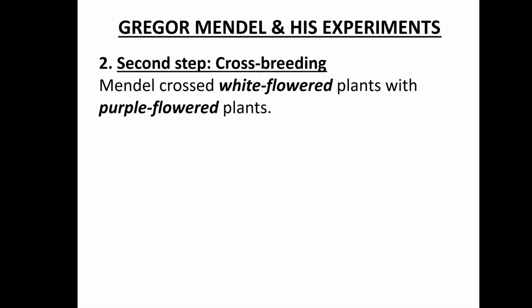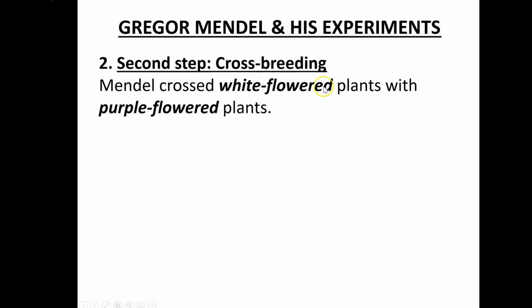The second thing he did was introduce crossbreeding. So with those true breeding plants that only produced white flowers or only produced purple flowers, he allowed them to mix. He allowed them to cross-fertilize and introduce this whole idea of crossbreeding.